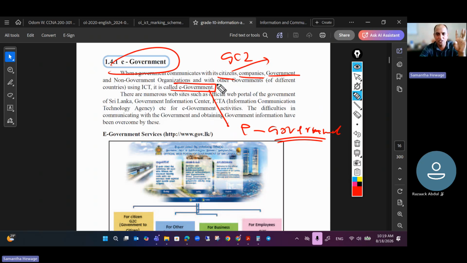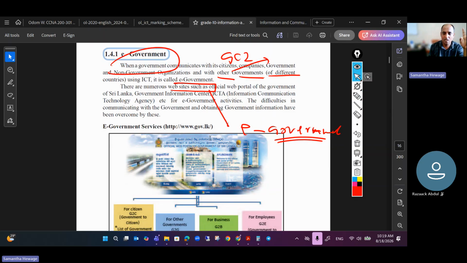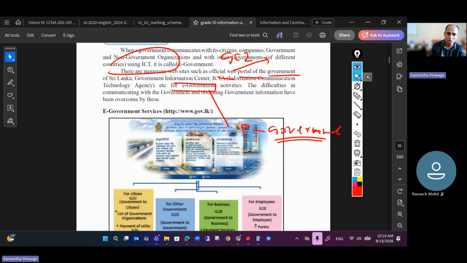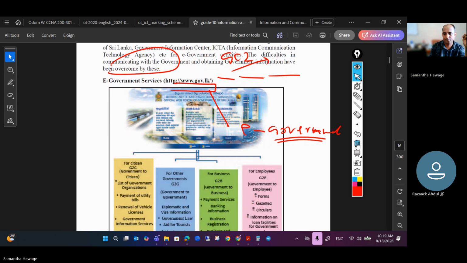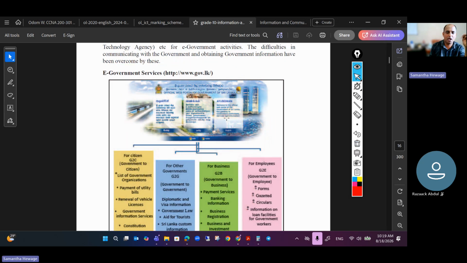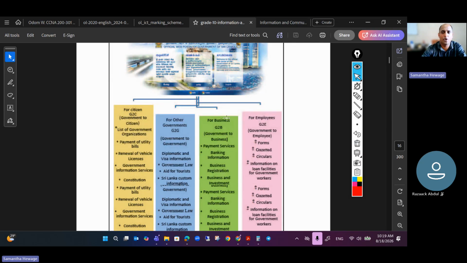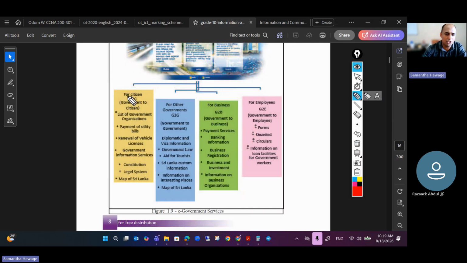Citizen, that is G2C, government to citizens. Then we have G2B, government to businesses, and G2G, government to government, and G2E, government to employee. So let's just focus on this one, government to citizen. Let's say I am a citizen, you are a citizen.